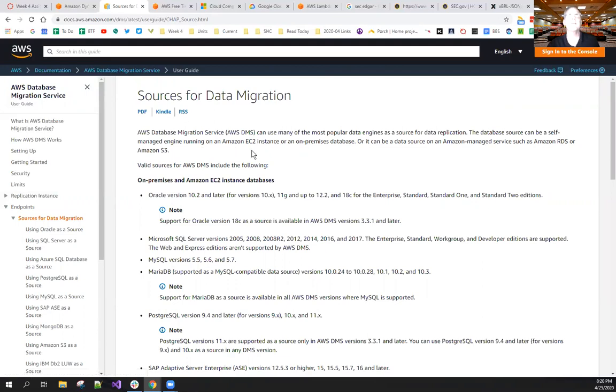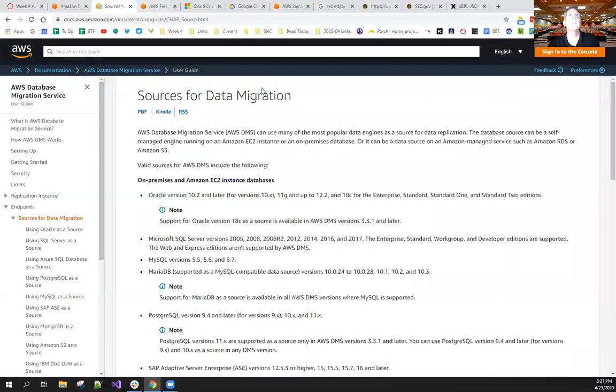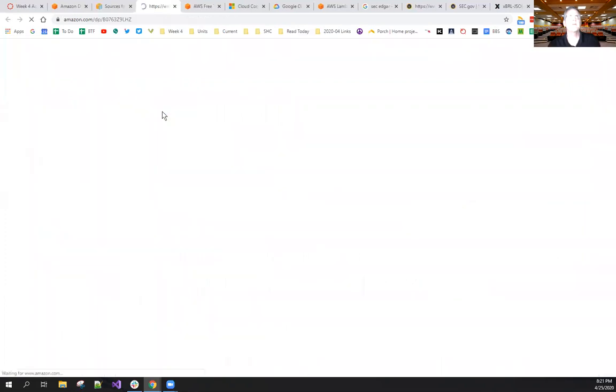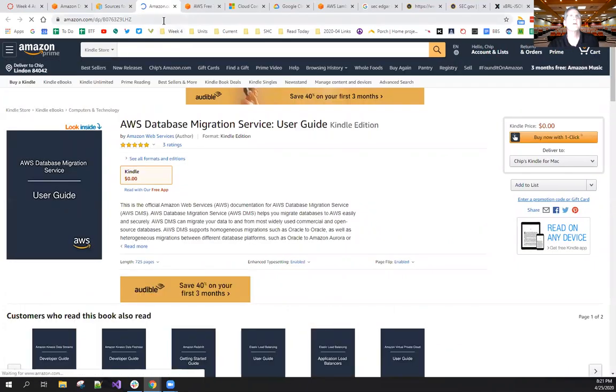We were just looking at RSS. Oh, this is just an RSS feed for this information. So you're going to keep track of whether or not this information here changes. Kind of cool. Links right to the Amazon website.